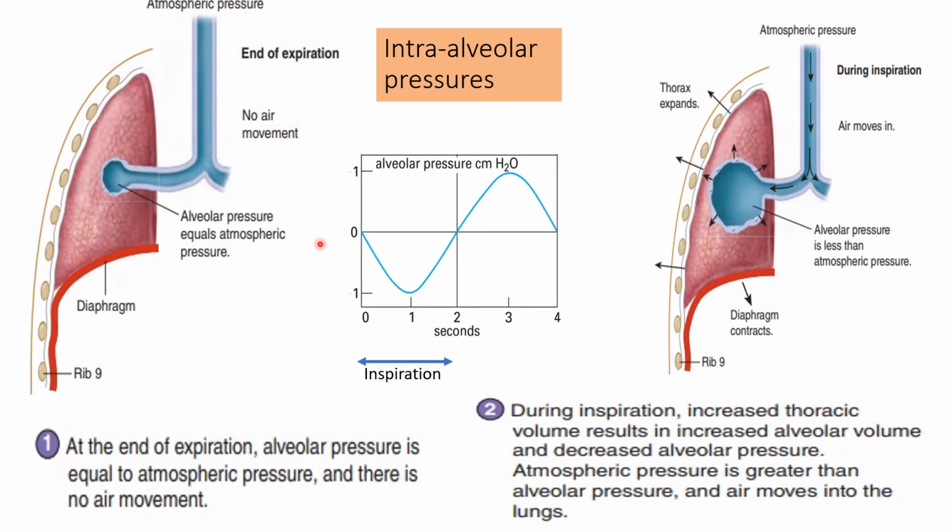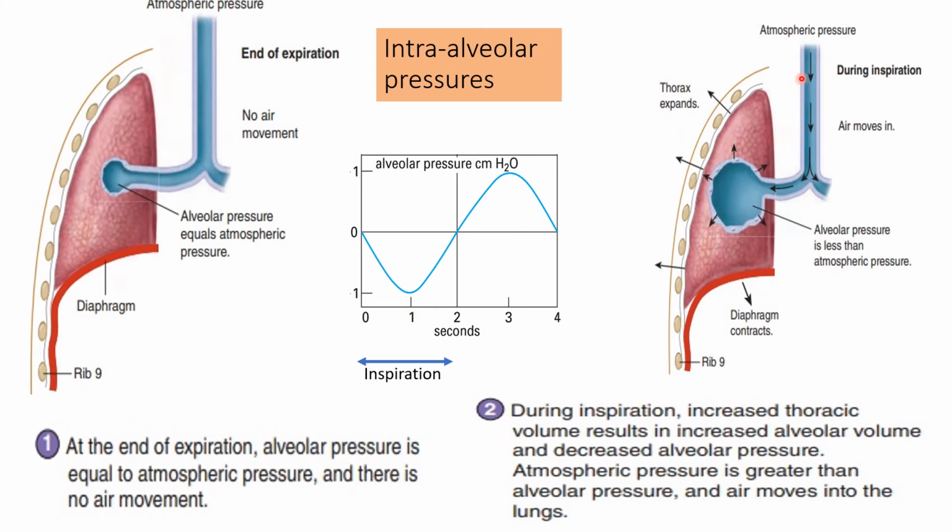If we show it as a graph, we start with 0, which means equal to atmospheric pressure. Whenever inspiration starts, because of the chest expansion, the lungs expand. Because of this, the alveolar volume increases, and whenever volume increases, pressure decreases. So the pressure falls from 0 to -1.